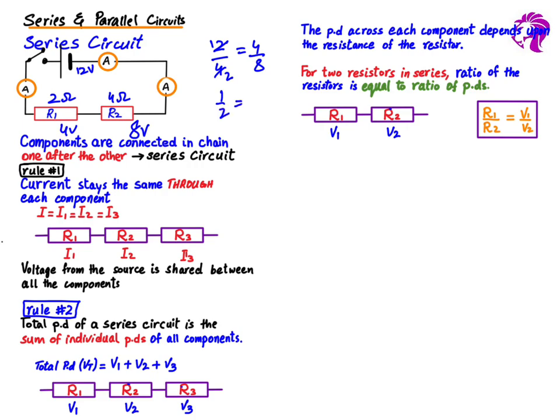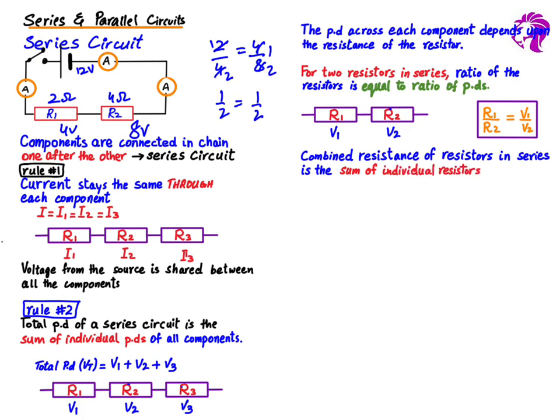And if you simplify 4 upon 8, it will also become 1 upon 2. Right. So is this point valid? If you have 2 resistors, the ratio of their resistances is equal to the ratio of the PDs, just like this. Is it? Yes. Right.